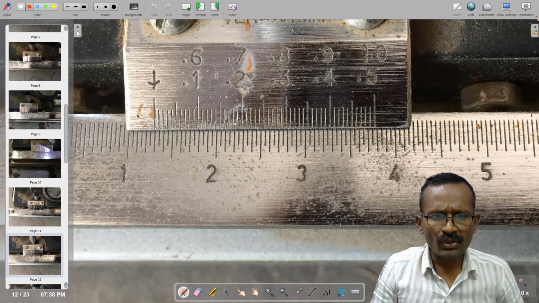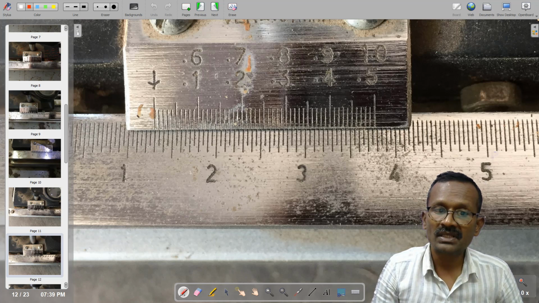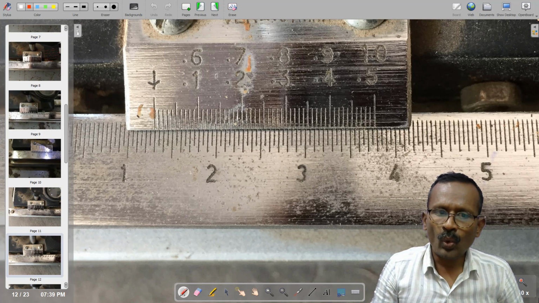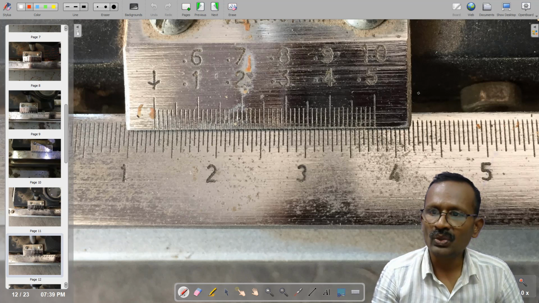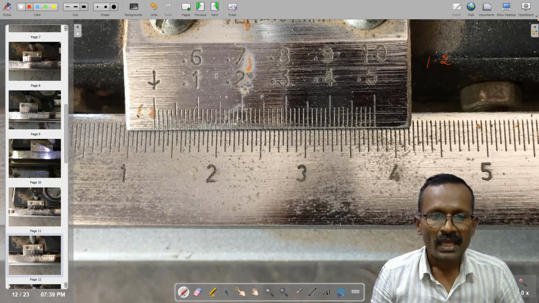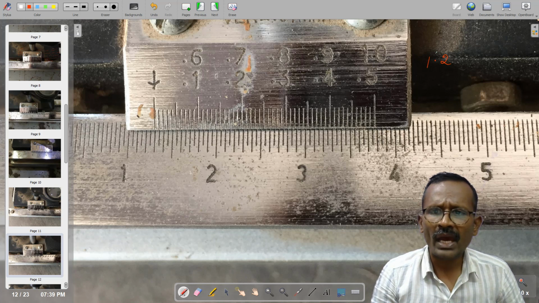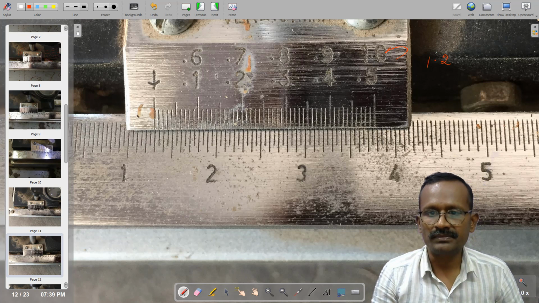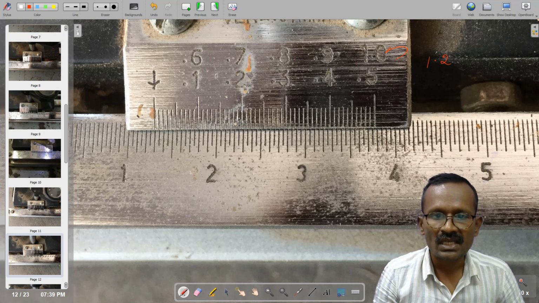See, as I told you, this arrow crossed the 0.05 division. 1.1, 1.2, 1.225, it crossed 1.25. So you have to take 1.2 as the main scale reading. In this case, you have to go to this upper scale. Now you see the coincidence.